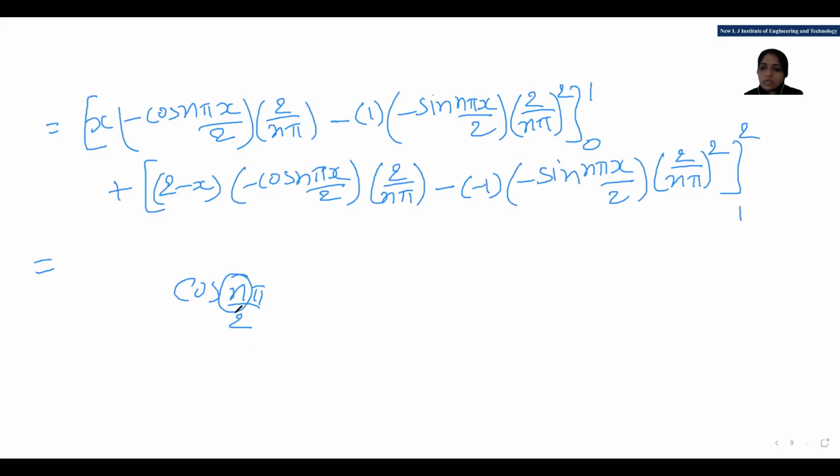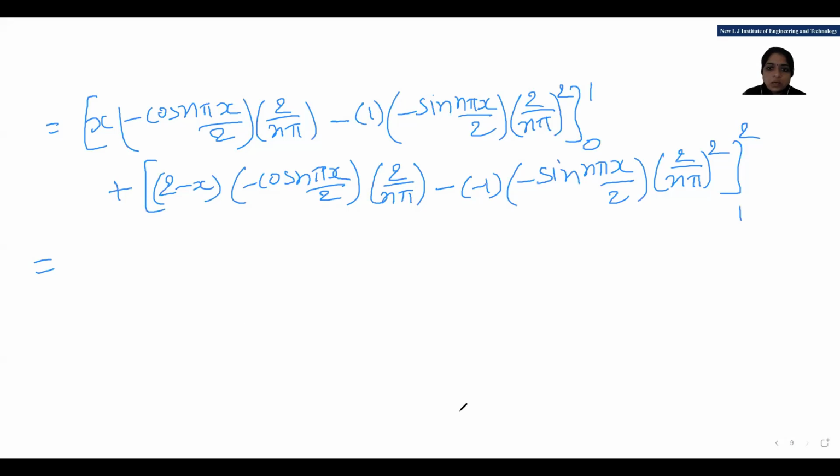For n equal to 3, it is 0 again, and for n equal to 4, it is 1. So it's not a defined value; it varies according to the value of n. So we keep cos n pi by 2 as it is.